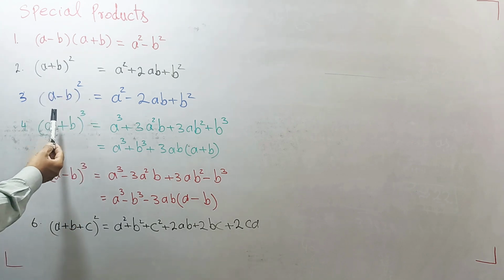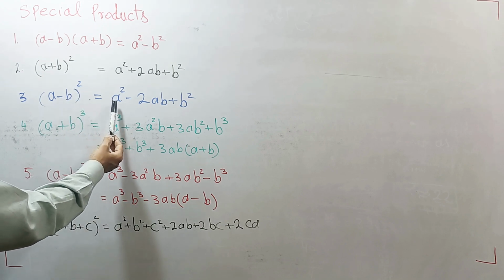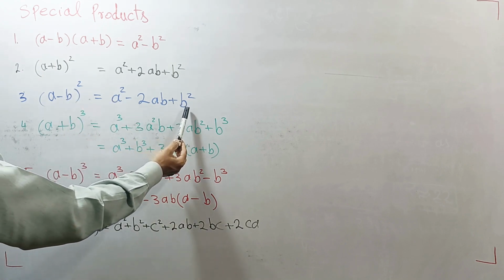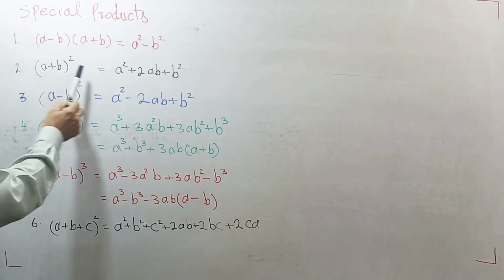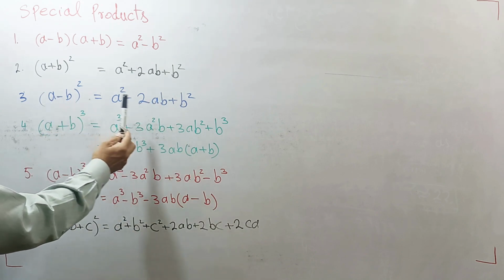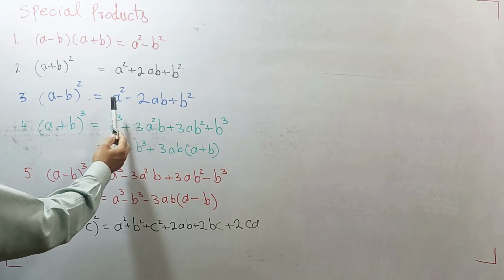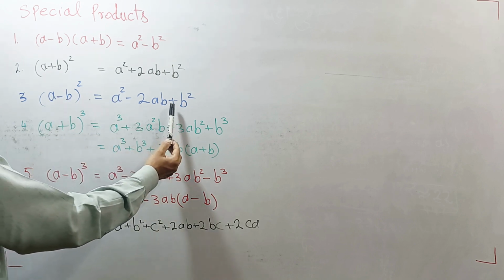Our third formula is (a − b)², which is a² − 2ab + b². Note the difference: here all the terms are positive, and here the sign is negative and the product is minus. The order is plus, minus, plus.